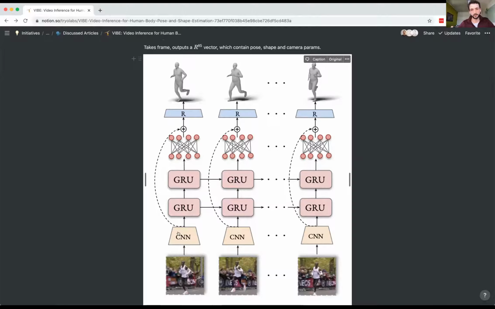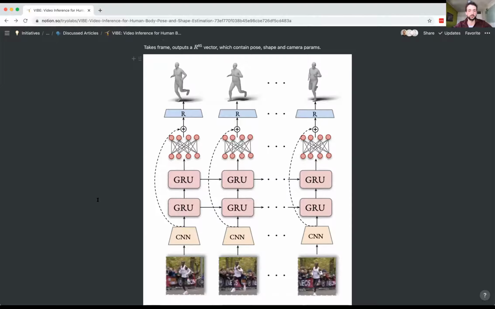So it's basically a feature extractor that outputs a vector of size 2048. And then we have two stacked GRUs, and we'll explain this a bit later, specifically. But the intuition here is that these GRUs are the temporal encoders, and are the ones that retain the information of previous and future poses.